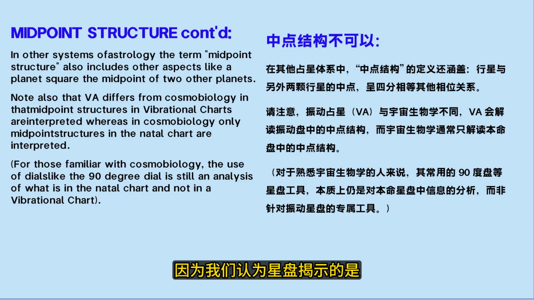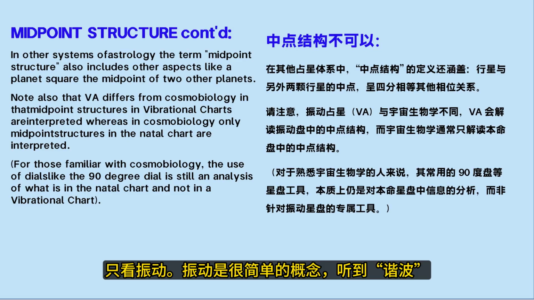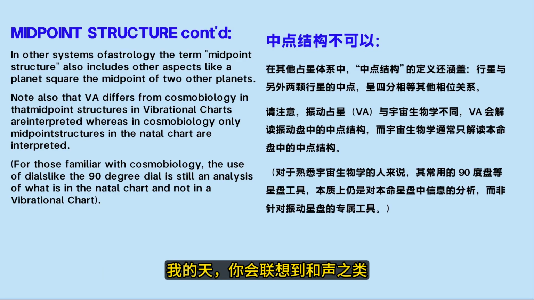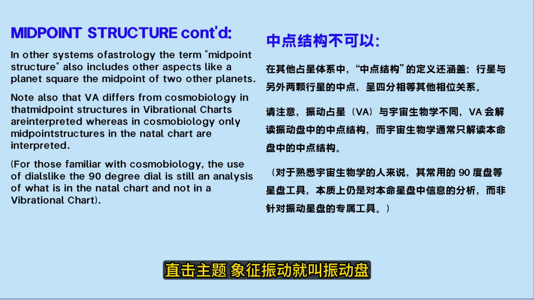We don't call them harmonic charts because we believe that what the chart tells you is the vibrations. It's simple. We're just looking at vibrations. A vibration is a very simple idea. When you hear the word harmonics, oh my God, when we talk about harmonies and all kinds of stuff, it's more complicated than it needs to be. So we want to keep things simple and to the point of what we're talking about.